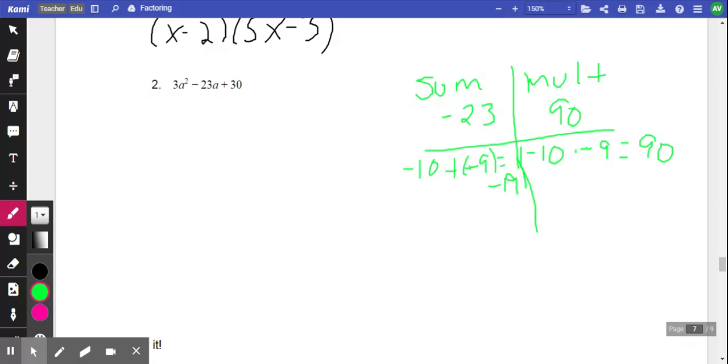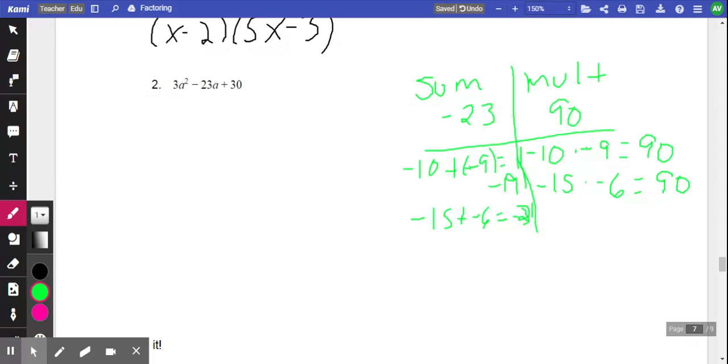So what else goes into 90? Well, 15 does, right? 15 goes into 90 six times, so negative 15 times negative 6 is positive 90. Negative 15 plus negative 6 is negative 21.